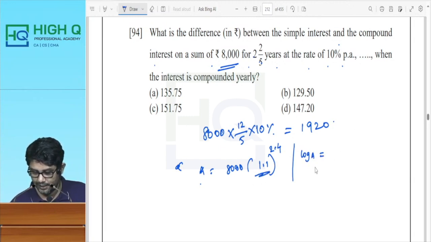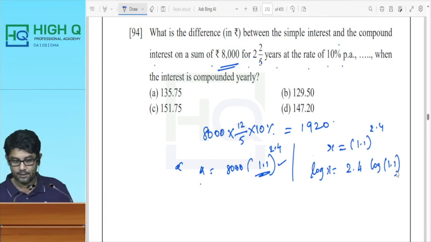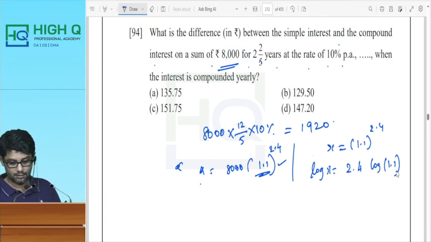X is equal to 1.1 whole power 2.4. So log x is equal to 2.4 log 1.1. This is actually a waste of time.